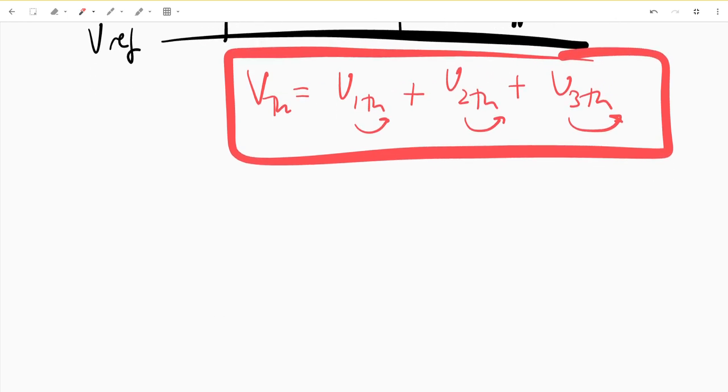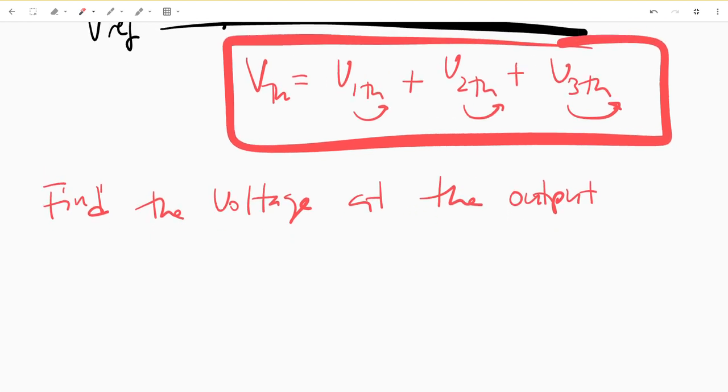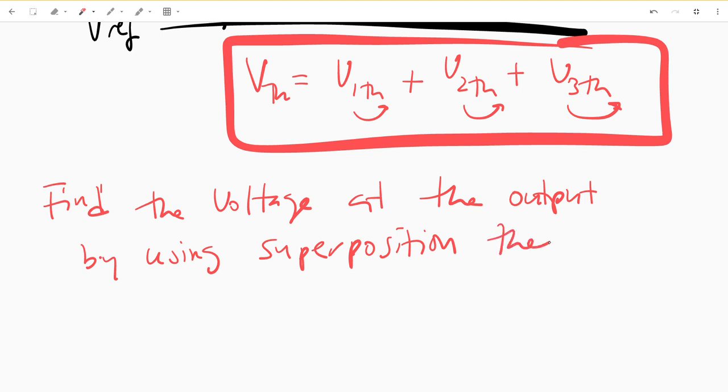So essentially, just writing it out, you could find the voltage at the output by using what's called the superposition theorem.